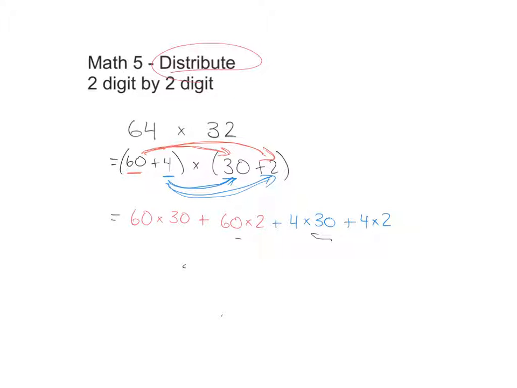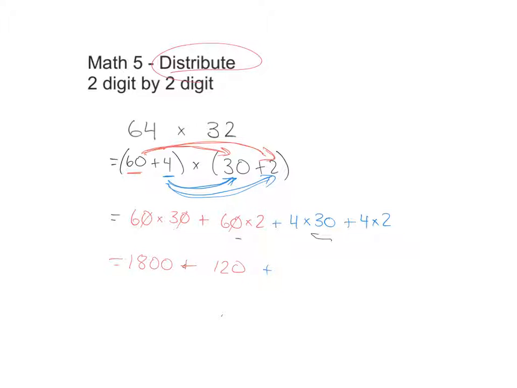Now the cool thing about this is that the multiplication is fairly simple. 60 times 30, just remember, annex the zeros. 6 times 3 is 18, and we annex 2 zeros, so we put 2 zeros on. So the first number is 1800. Next one, 60 times 2. Remember, we annex the 0. 6 times 2 is 12. Put that 0 back on. Now we're getting to the blue ones. 4 times 30.